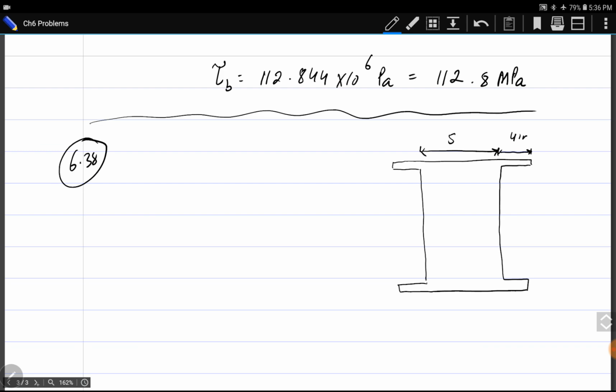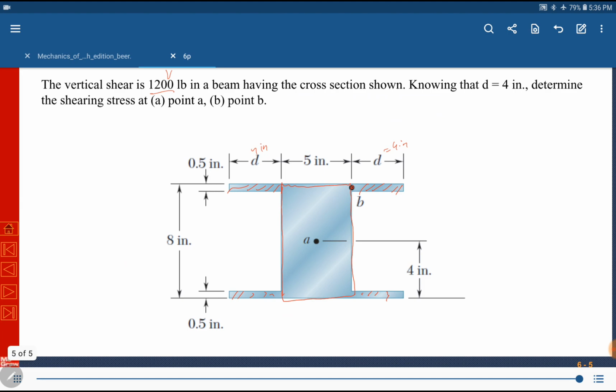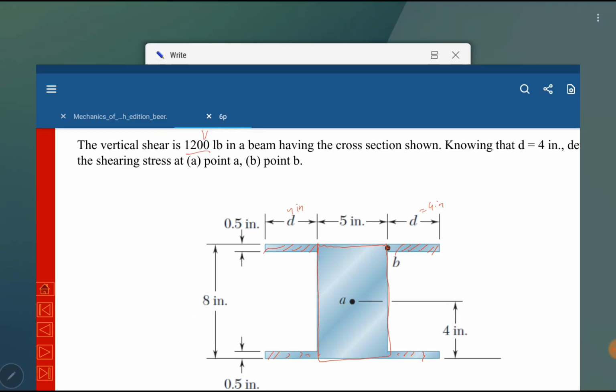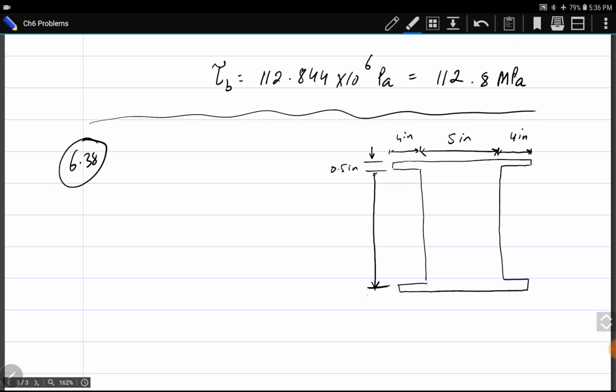This is 4 inches. Thickness of this portion is 0.5 inch, and this is given to us. Okay, the total height is 8 inches.